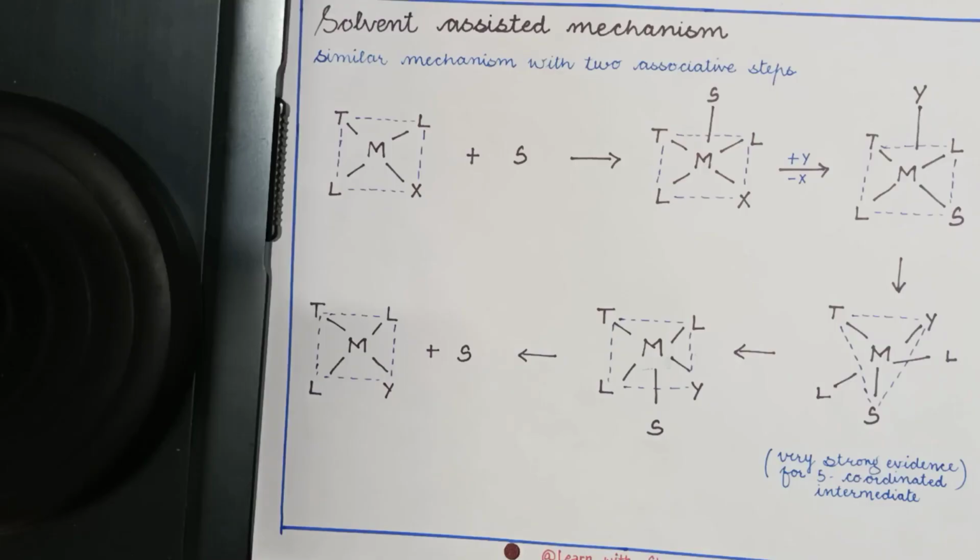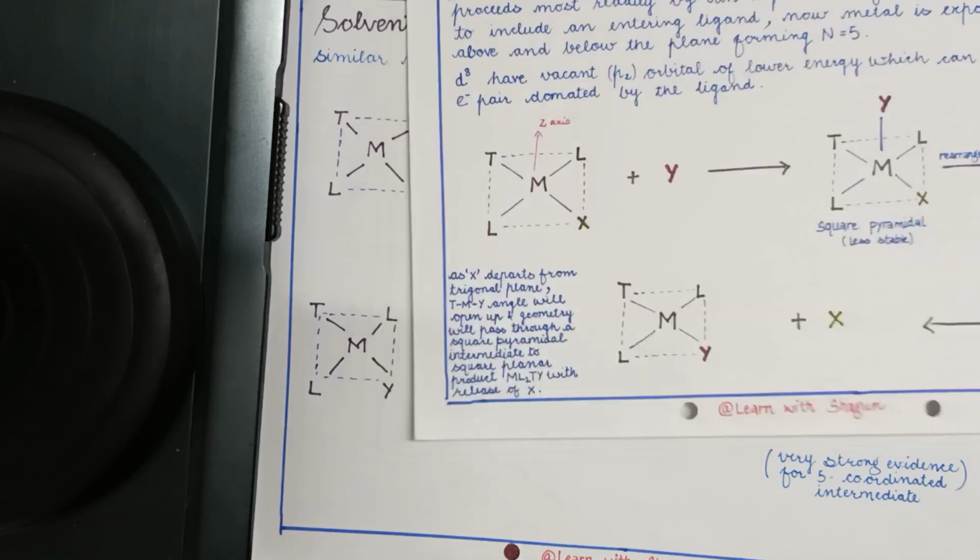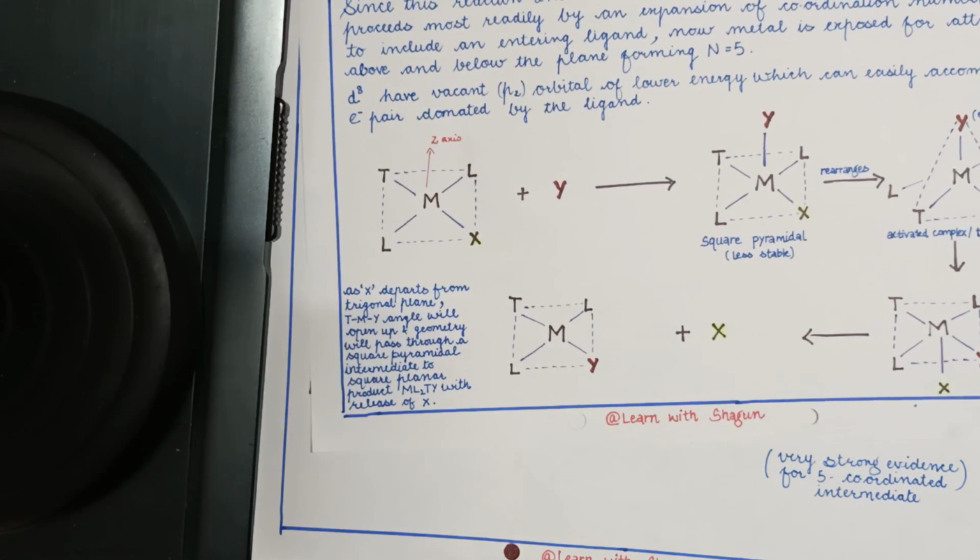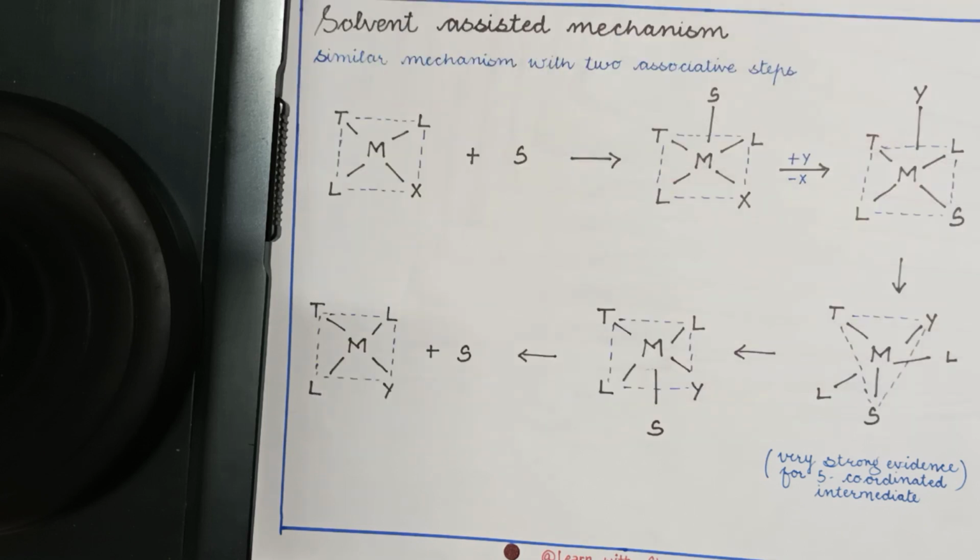The mechanism you studied right there was without the involvement of any solvent. Now let us see what happens if we perform this nucleophilic substitution in a square planar complex with the help of a solvent. So let us study a solvent-assisted mechanism. This mechanism is just similar to the first mechanism that we studied, which was without any solvent, but it has 2 more associative steps.